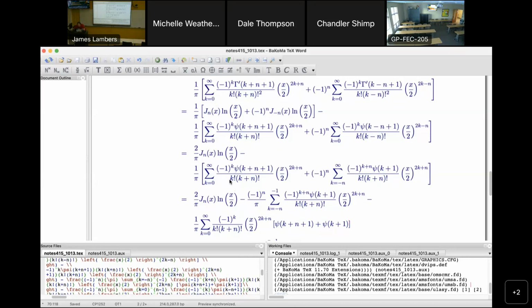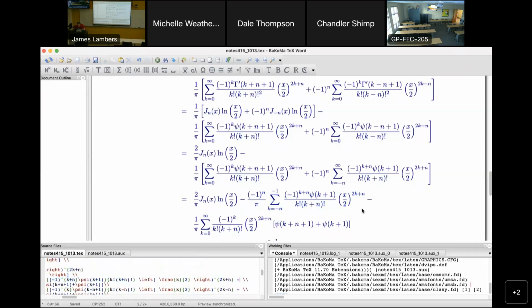So now we can combine these summations where everything is the same except the two digamma functions, for k going from 0 to infinity. Now I can't forget about terms from this summation for the negative values of k, from minus n to minus 1. So those are reproduced here.